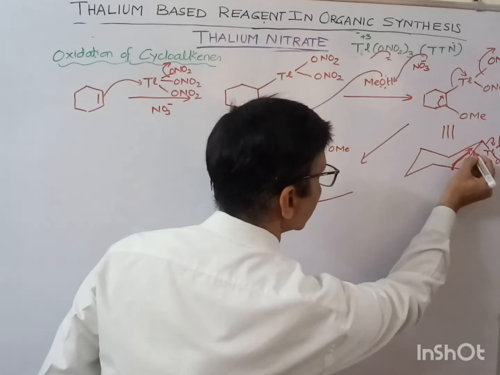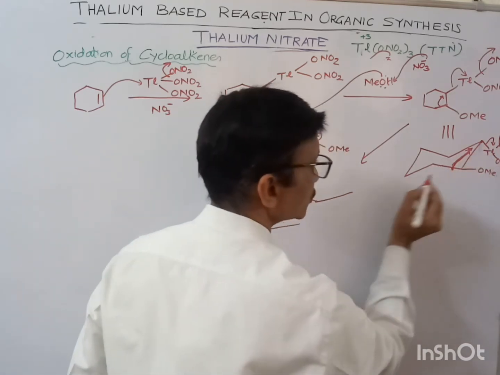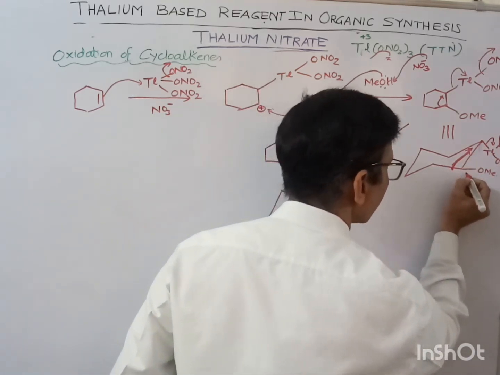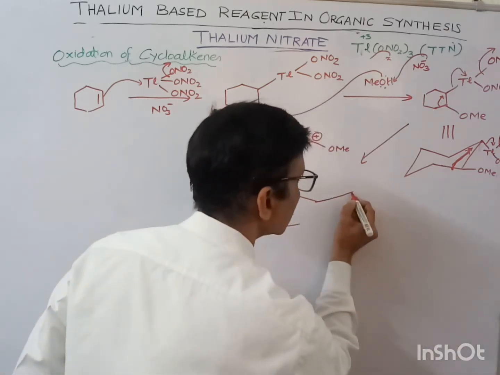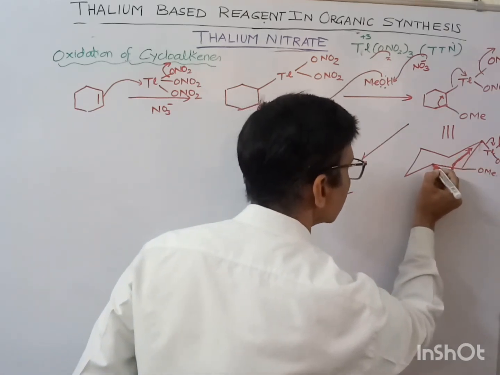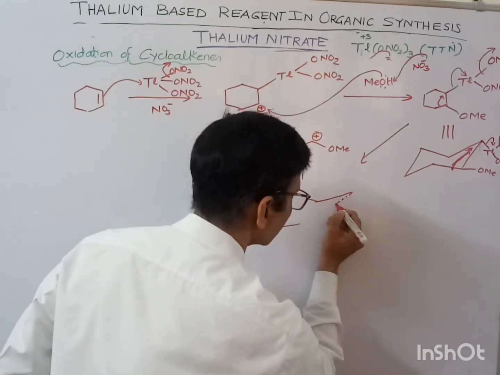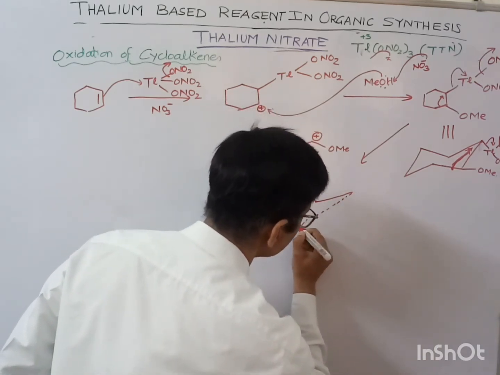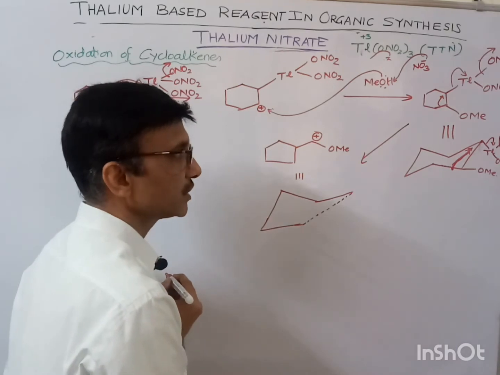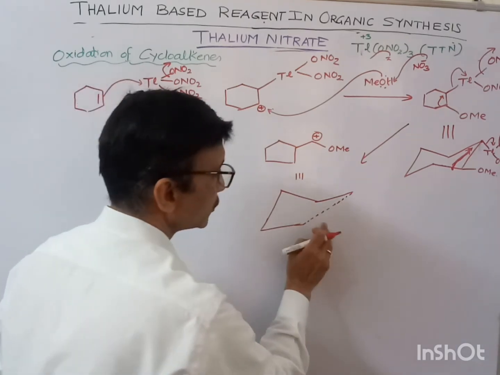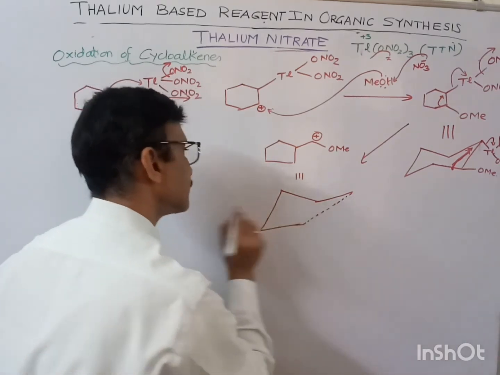Now finally the positive charge will create at this center. So I will join this center and this center. Suppose I have joined this center and this center. So this is the new bond which is formed.